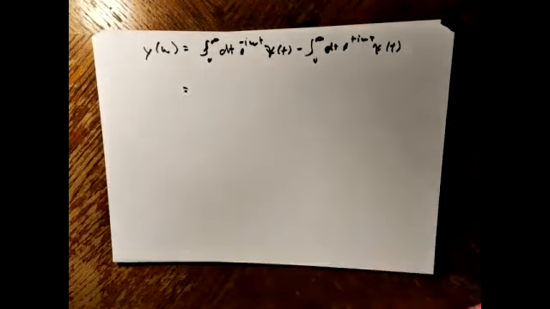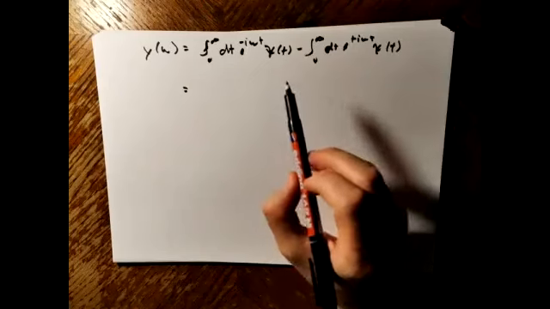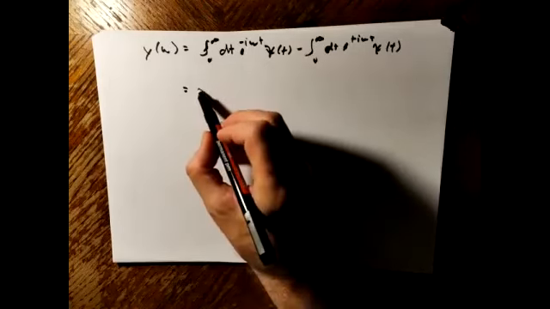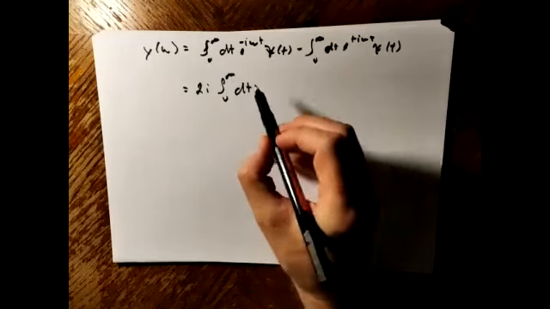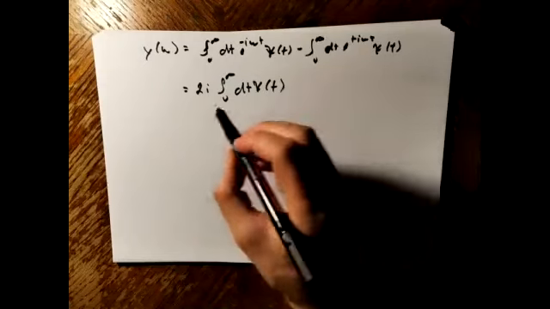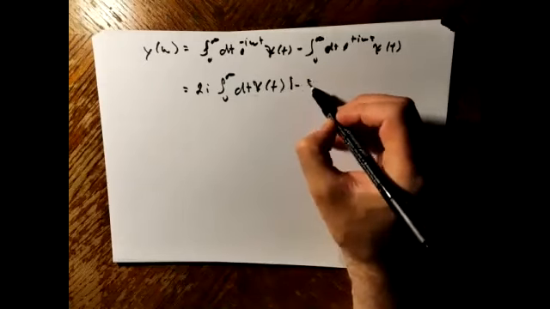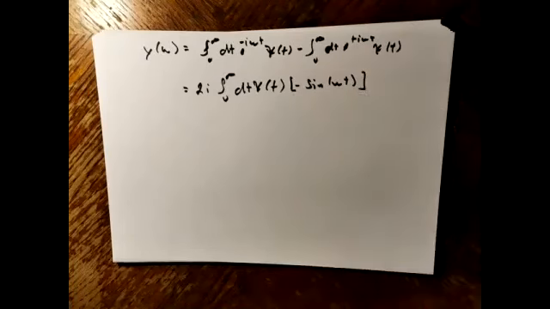Okay, so what we're going to have here, though, is, it's easy to see that this is actually 2i times the integral from 0 to infinity dt chi of t, well, I guess you could say minus sine omega t here.